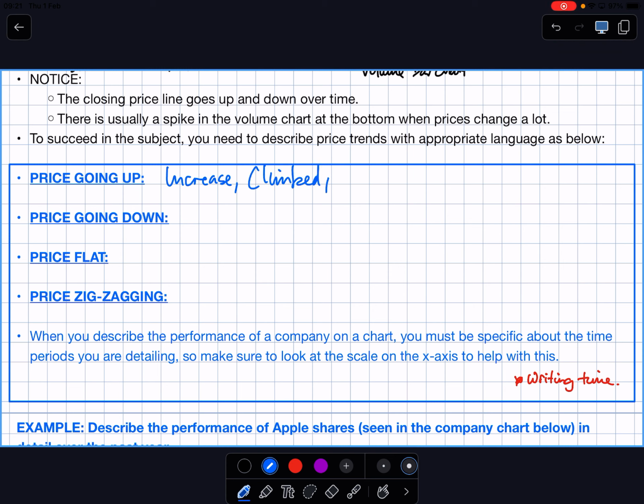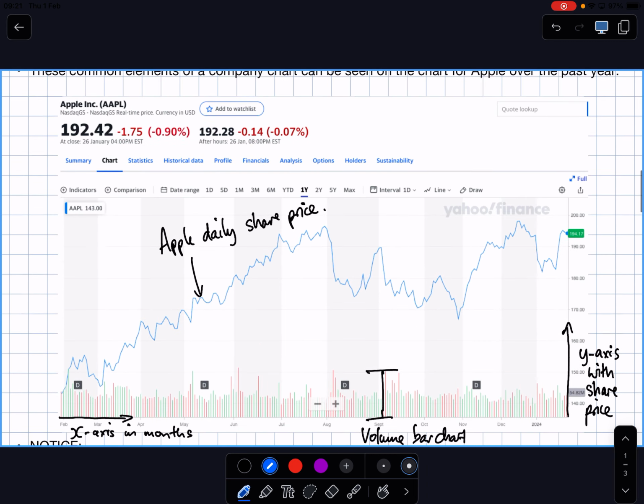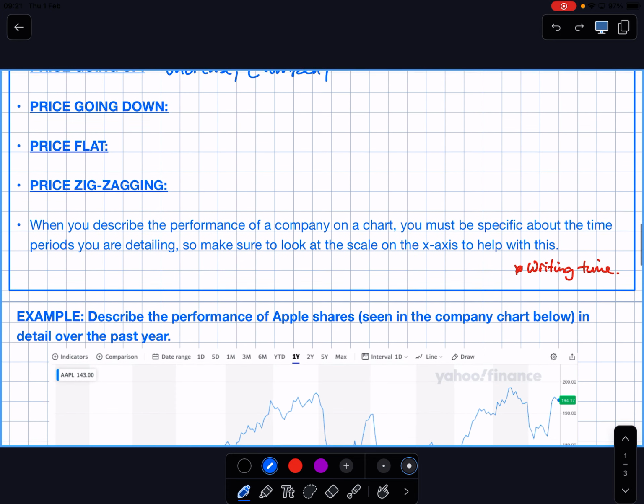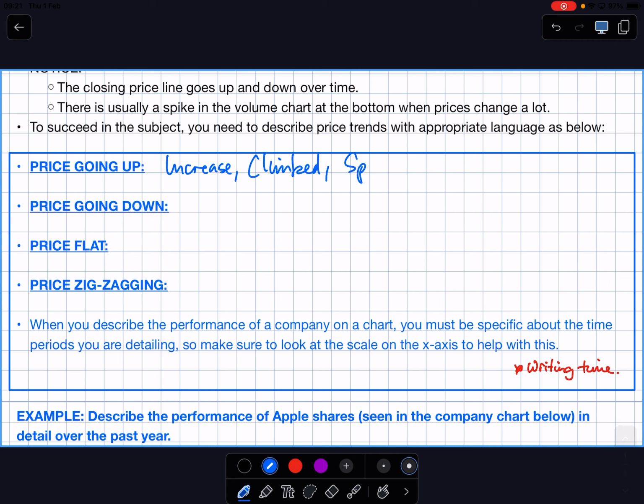Spiked, yep. You'd probably use spiked when it's real fast. I wouldn't say spiked there, but you could say rise for that one. We're literally just looking for words that are better than "bro went up."